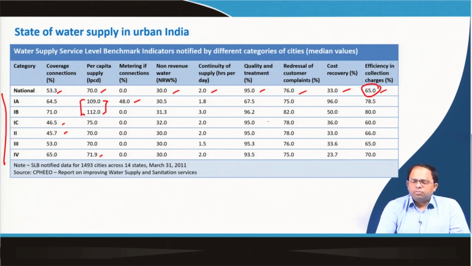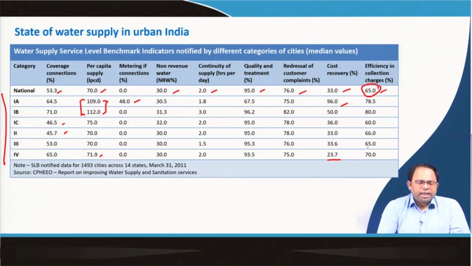Quality of treatment is more or less similar, and redressal of customer complaints is similar. For cost recovery, you can see that the lower the category of the city, the lower the cost recovery. In some higher order cities we have full cost recovery, while in other cities we do not. Efficiency varies from around 60 to 70%.